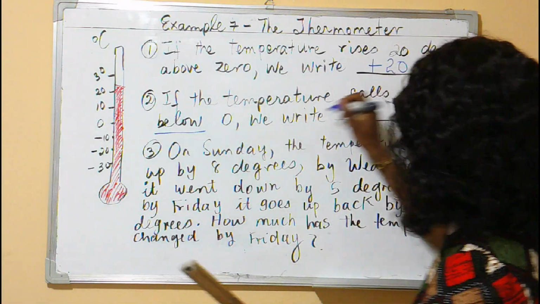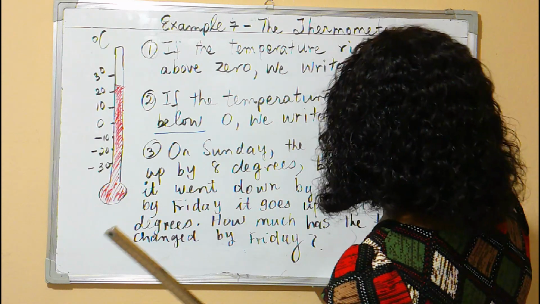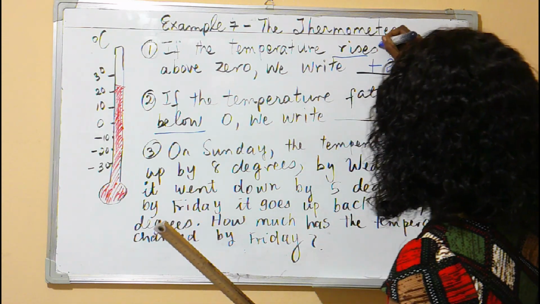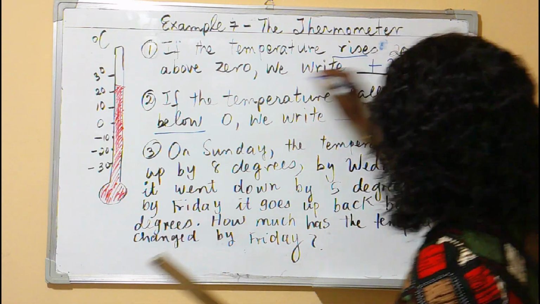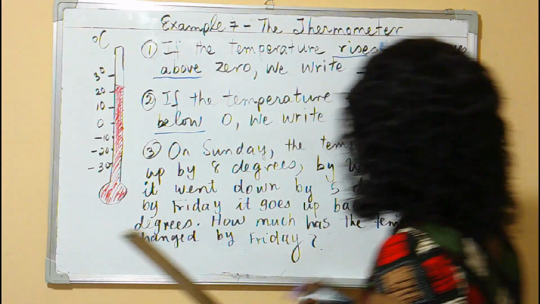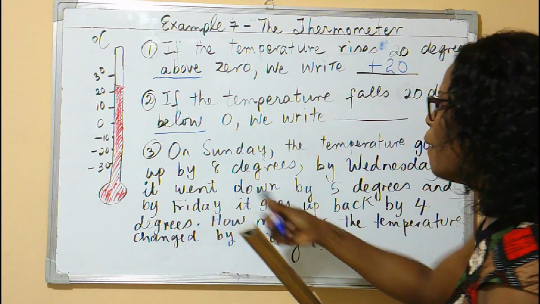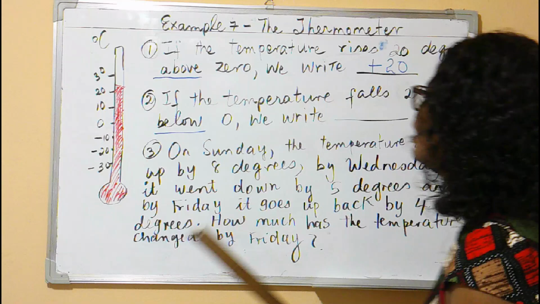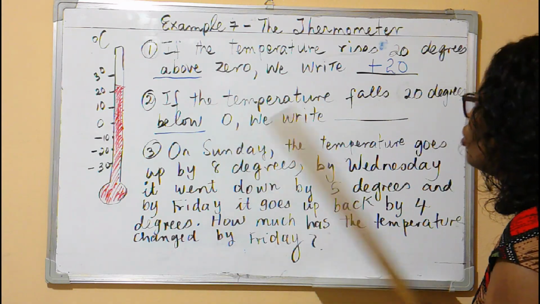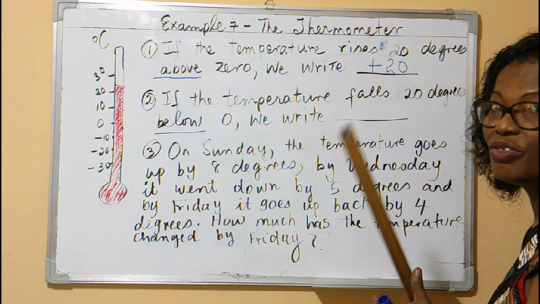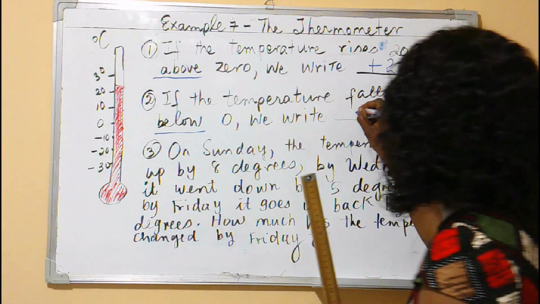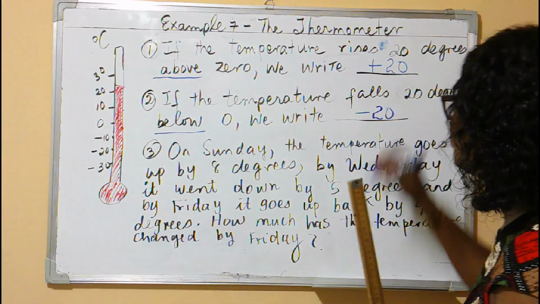The first one was above, or rises above. And this one is below. So below 0, what do we write? 20 degrees below 0 is negative 20. Got that?